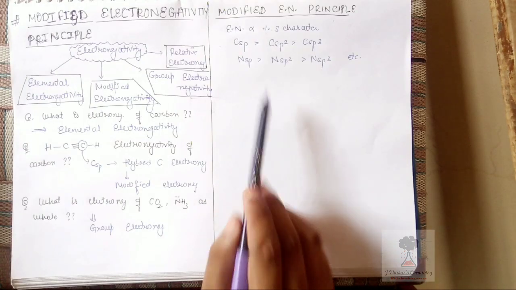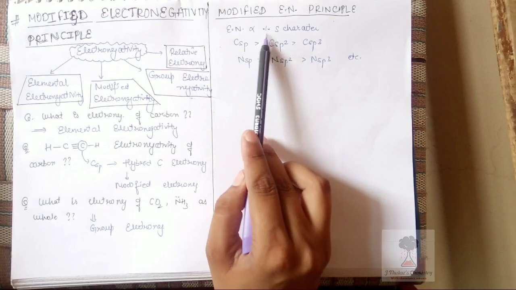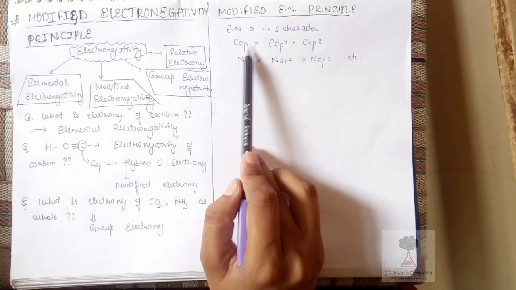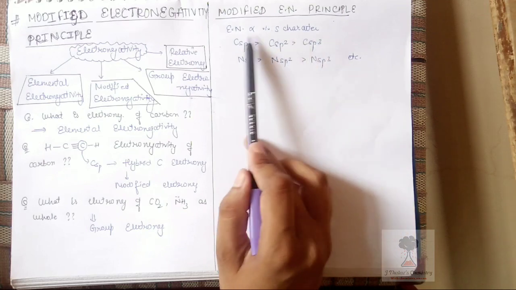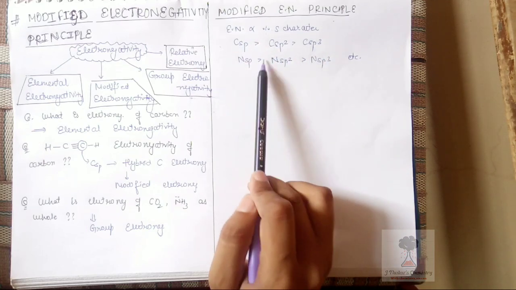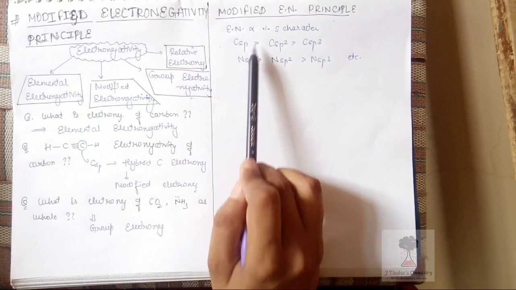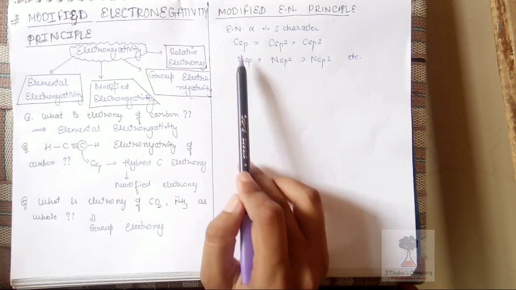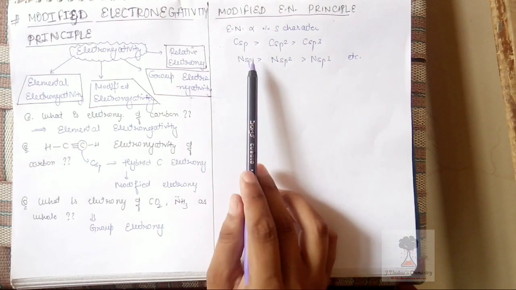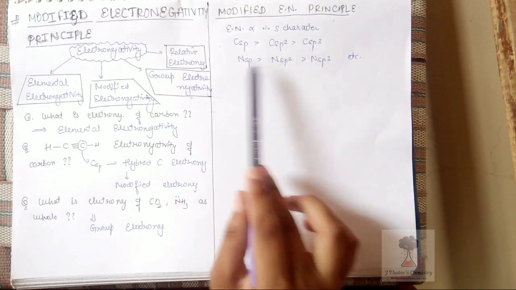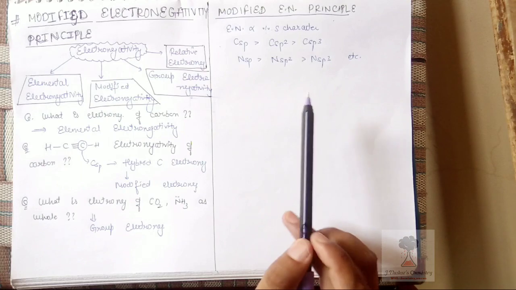As we know, electronegativity is proportional to percentage s character, so the electronegativity order of sp, sp2 and sp3 carbon is like this, and similarly the order of nitrogen is also like the carbon atom. In this we compare the hybrid carbon electronegativities with each other.